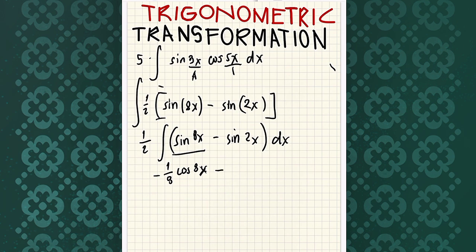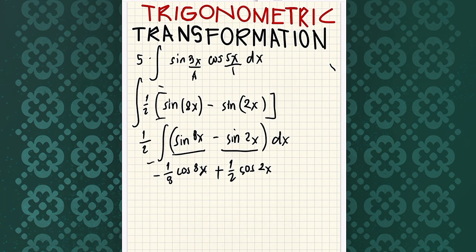Then for this one, 1/2. So the integral for sine x is negative cos x. That's why it becomes positive cos 2x.